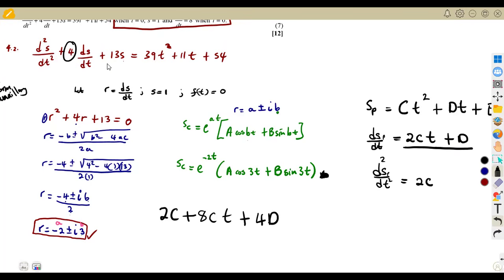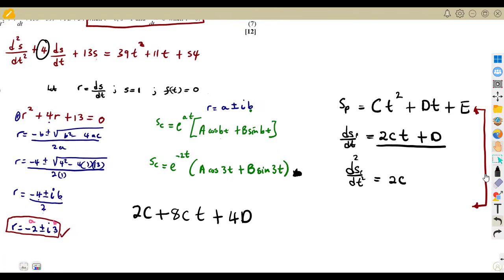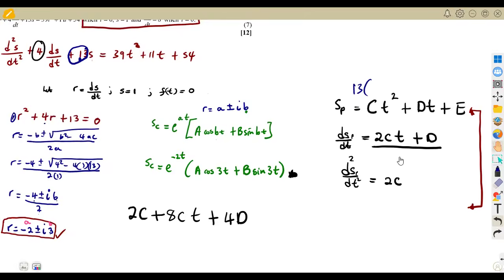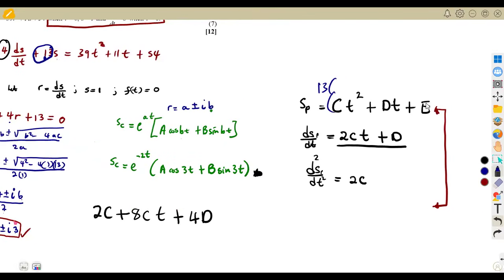The same thing: this was supposed to be 13s. Instead of opening brackets, you multiply 13 by s as it is. So 13 multiplies everything in this s, the whole of this part here.